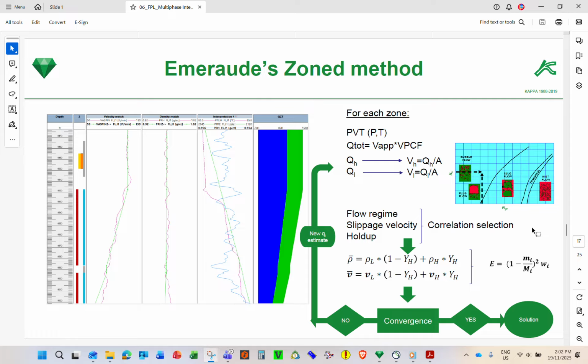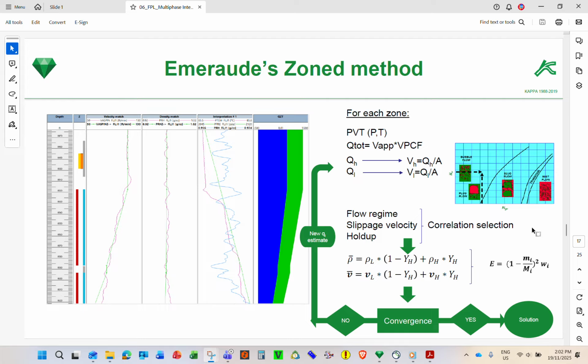So we know the holdup, we know the slippage, we know the Q. We choose the slippage correlation. For example, we have 0.5, we choose the flow correlation, and the intercept is here, so I put that one down.